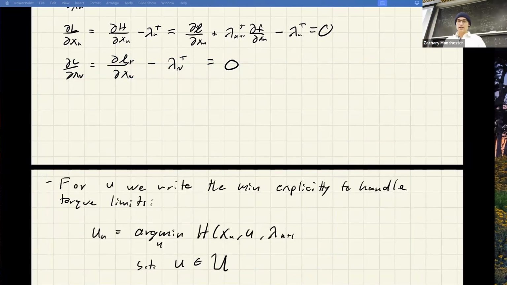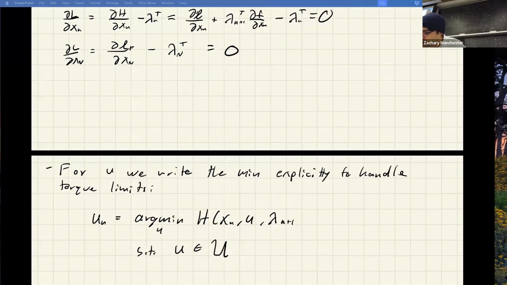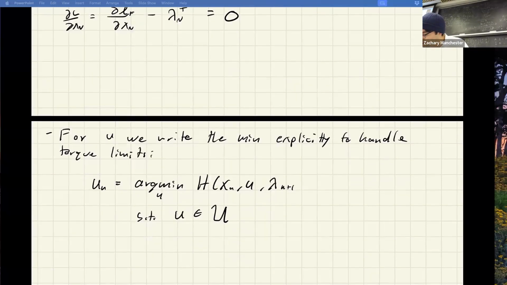So those are the Pontryagin conditions. And this guy down here is shorthand, you may have seen this notation. This just means U is in some set U, which basically just means inequality constraints, in the feasible set.